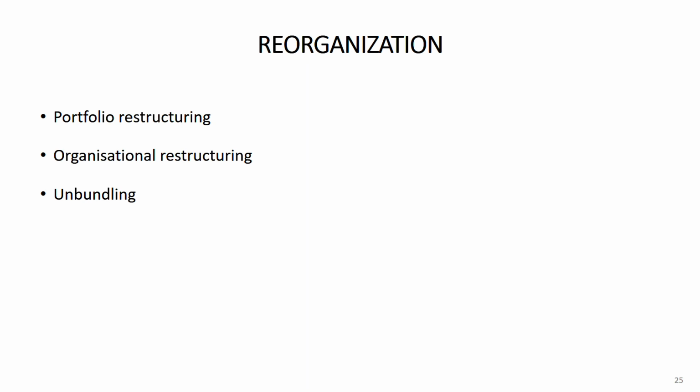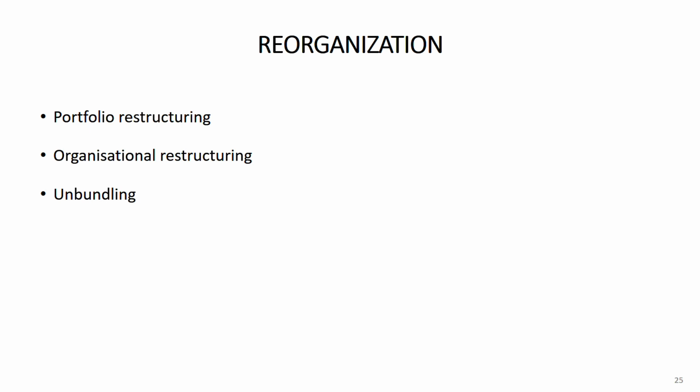Those internet packages where you get two, three facilities combined in one. That is known as bundling. Now you are unbundling. So what is unbundling? It's like you're disposing of, selling off your subsidiary or some division which is not performing well. So that is a way of portfolio restructuring.